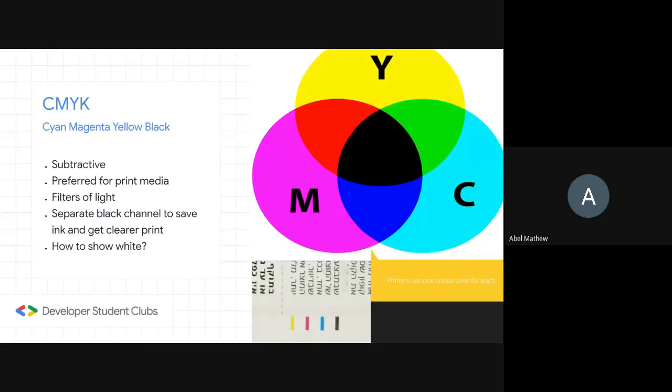In RGB, we are using sources of light and they're getting mixed and giving the additive effect. Whereas in CMYK, it acts as filters and gets filtered out. That's why it's used in printing, because those colors on the paper act as filters.